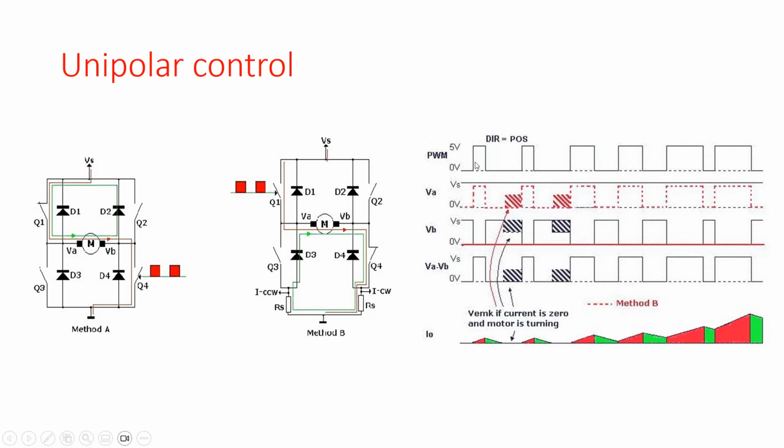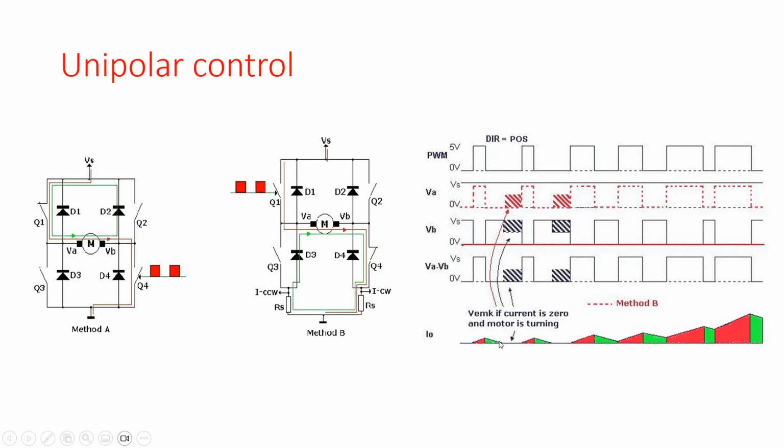But when the PWM high period time is very small, we see that the increase in current is small, and in that case it might be possible that in the 0 part of my PWM my current becomes 0 at a certain point. And when that is the case, there is no more current flowing through diode D2, so there is no connection anymore between VS and that VB point over here, and that means that the voltage we measure across VA and VB is equal to the back EMF voltage.